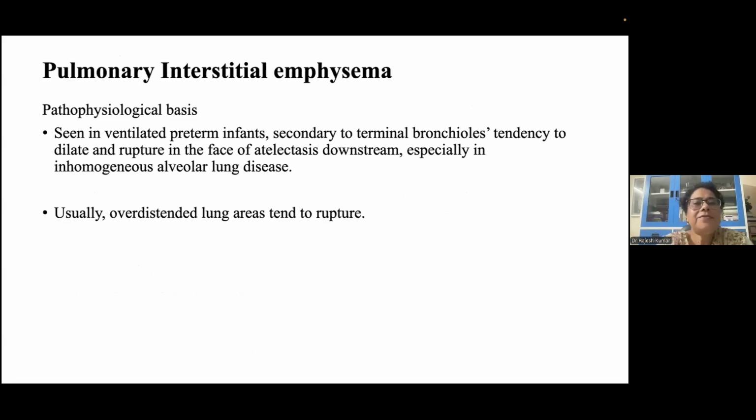Now, the next problem which we might encounter at times is pulmonary interstitial emphysema. The pathophysiological basis is that it is seen in ventilated preterm babies, usually secondary to rupture of the terminal bronchioles with atelectasis downstream, especially in a homogeneous alveolar lung disease. Usually there is an overdistended lung which tends to rupture.